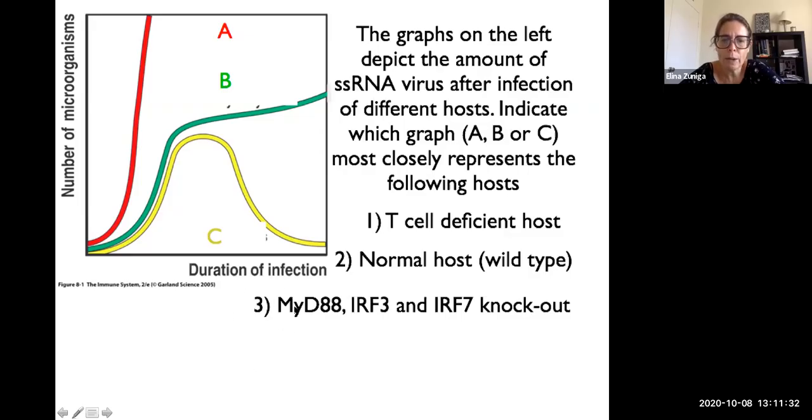I'm asking you to answer the question for this host that is deficient in MYD88, deficient in IRF3, and deficient in IRF7. Again, this is a single-stranded RNA virus. Okay, let's see what you answer.